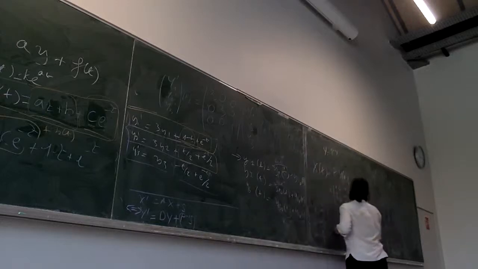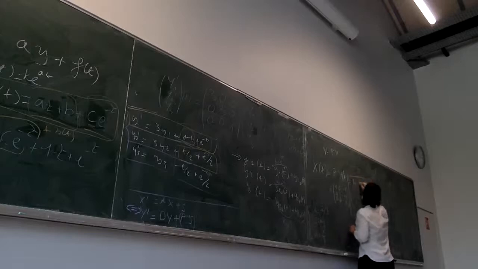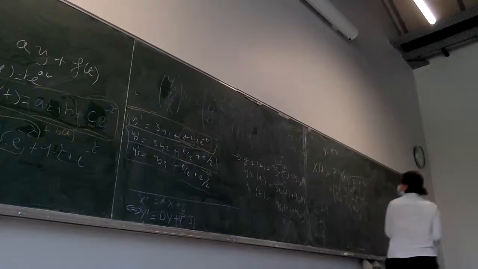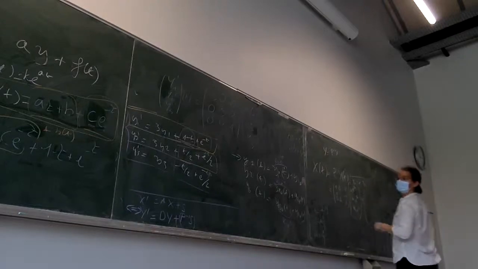Y is going to be the y0 plus the yp, so the y0 part, okay, plus the yp part is the one that I've erased, at least for the y.